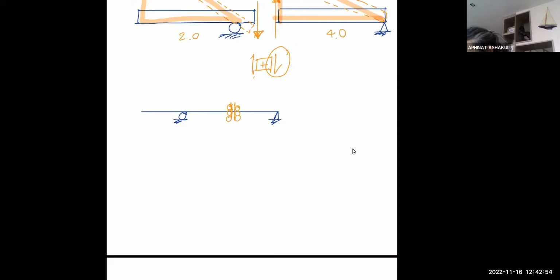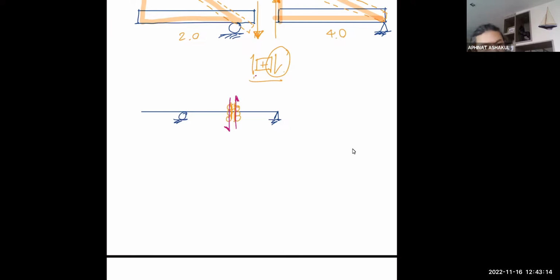So again, the same sign convention: positive to the right goes down, so this is down. To the left goes up, so this goes up.